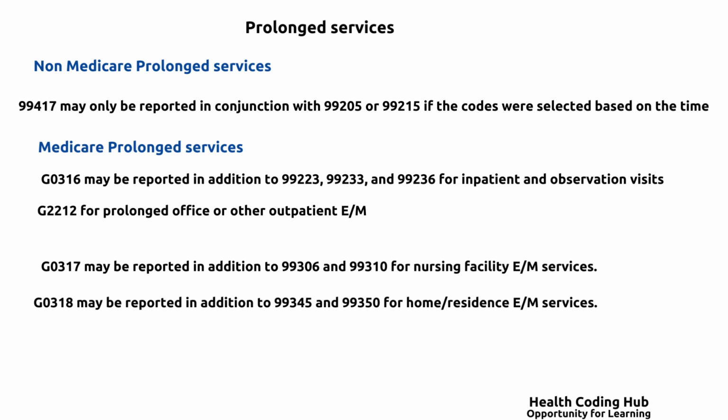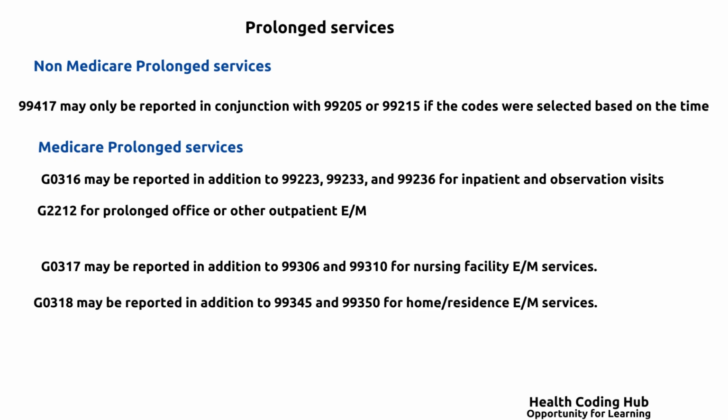For inpatient or observation services, G0316 is used for billing prolonged care once the maximum time has been exceeded with another 15 minutes added to bill for that code. However, Medicare times are a little different because you have to surpass the maximum time by 15 minutes and they are billed in 15 minute increments.